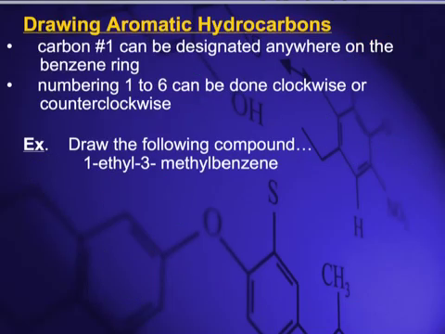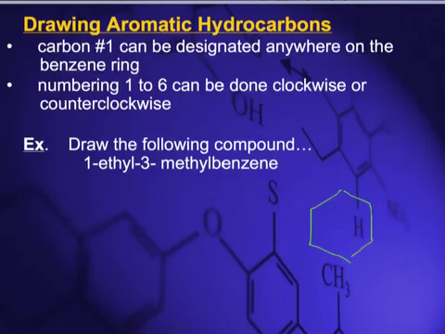Let's now do an example where we're given a name and we have to draw the compound. Position 1 can be anywhere you want. We recommend putting it at a branch location, and then numbering again can be done clockwise or counterclockwise, but we have to do it to give the branches the lowest number.